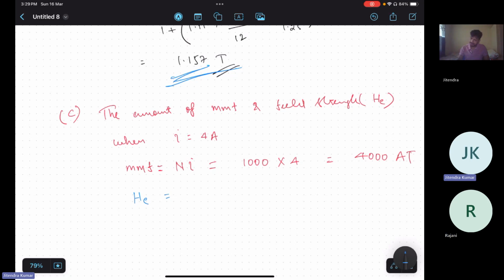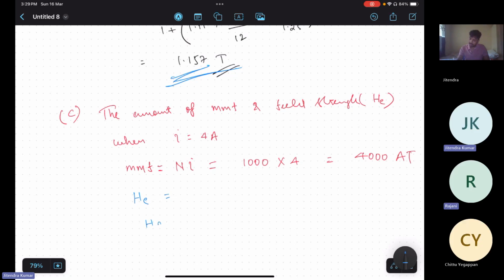Exactly, that's the way. So H into L is equal to NI. So this L will be which length? Air gap length or magnet length? Length of the magnet. Magnet length, exactly. So this Lm will be the magnet length, and this external field strength we can calculate.